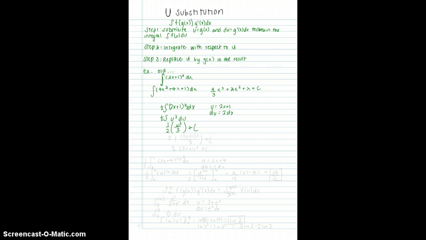And now you can plug in your u, so you have 1/2 times (2x plus 1) cubed over 3 plus c, which simplifies to 1/6 (2x plus 1) cubed plus c. And if you were to multiply that out, you would get the same answer as the previous problem.